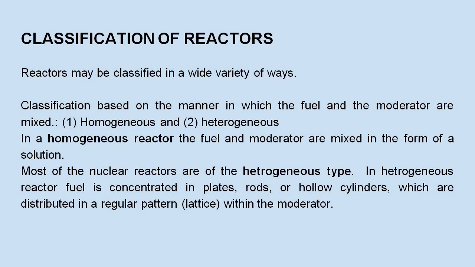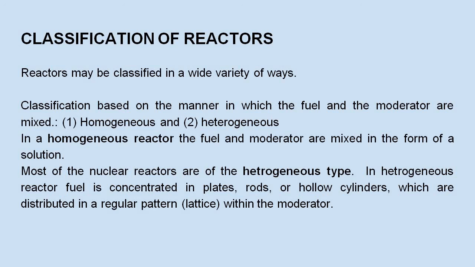And we have already discussed a nuclear reactor. There are so many ways to classify them. The first method is based on the manner in which fuel and moderator are mixed, as homogeneous and heterogeneous. In a homogeneous reactor, the fuel and moderator are mixed in the form of a solution.